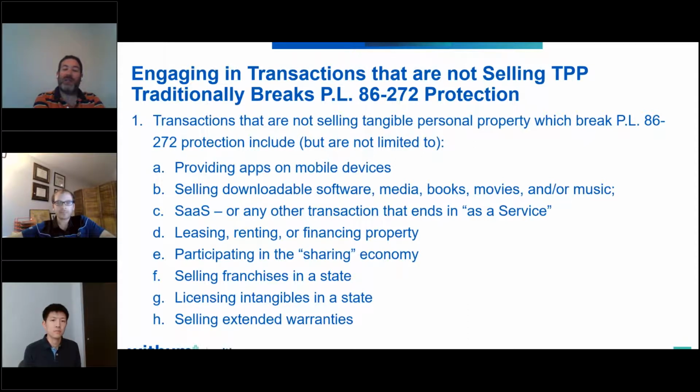If you're leasing, renting, or financing property, now you're no longer merely selling TPP. If you're participating in the sharing economy, selling franchises, licensing intangibles, or selling extended warranties. All these transactions that weren't so common or weren't even contemplated in 1959 are commonplace today, and all of them will end 86272 protection.